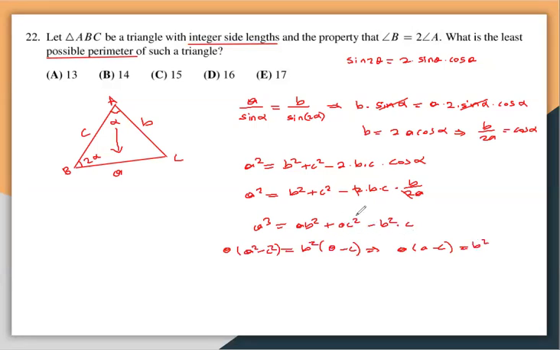Okay, so let me double check. So that's b squared and c. So we have this equation. Okay, so far, this is somehow useful because I can write a times a minus c equals b squared, but let's double check.